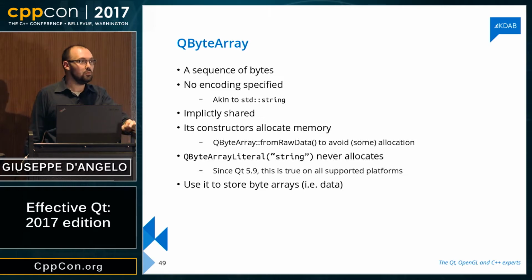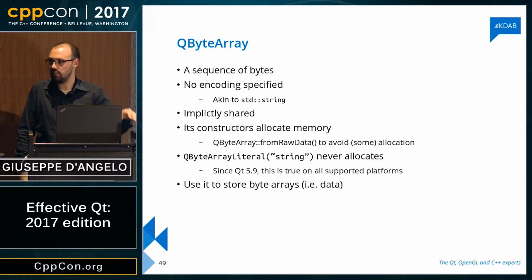That's going to build a QByteArray object without allocating memory. That's great, indeed. So if you have a function that expects a QByteArray and you just want to pass an instance of it without creating it every time, use the literal. And in particular, use QByteArray in general just to store byte arrays. Don't store strings in there.